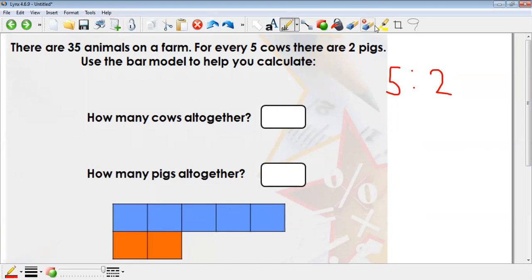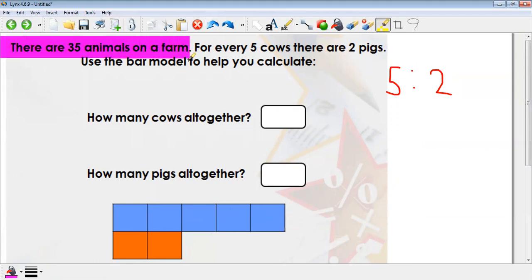The other part of the question we've actually got is there are 35 animals on the farm, and we all know cows and pigs are all animals. So that means that all of these blocks here are worth 35. And I've got 5, 6, 7 blocks, so I'm going to have to divide that by 7. 35, how many 7s go in? 5.